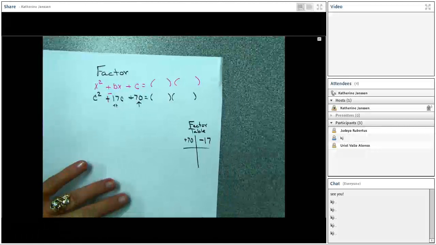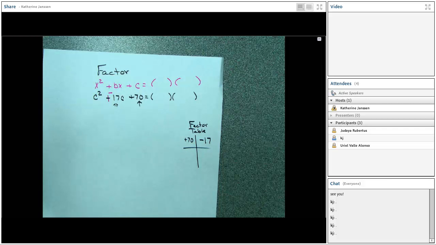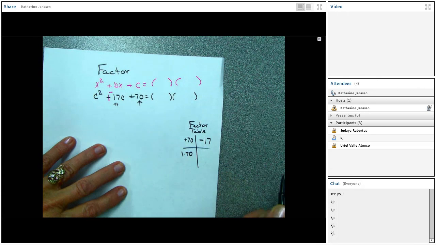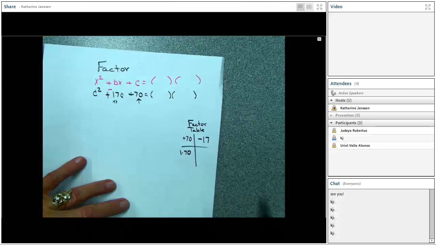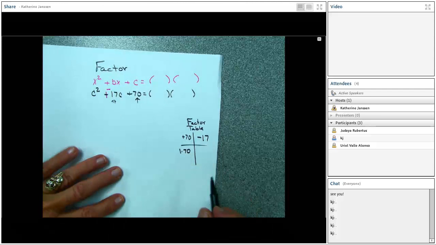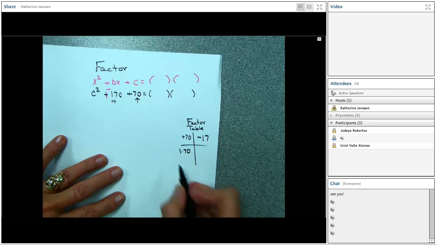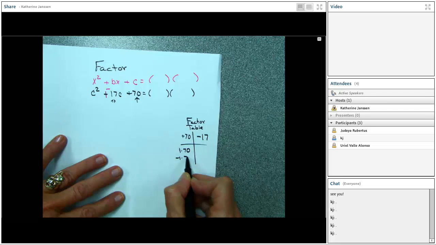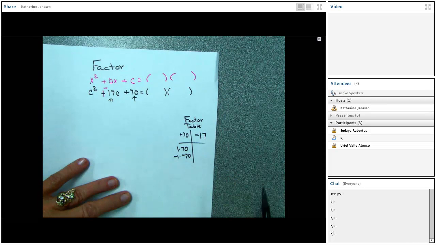It's a common mistake and your answer is incorrect. So factor pairs of 70, well, that'd be 1 times 70, but if I add those factors, I get 71, quite a ways from negative 17. Could have a negative 1 times a negative 70, same thing.